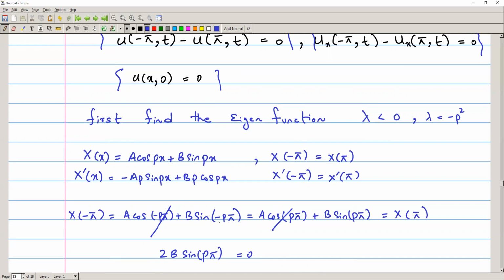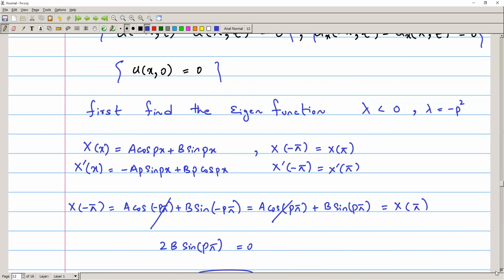And b sin(-pπ) means negative b sin pπ. When we shift this to the right-hand side, it will be 2b sin pπ, and this is equal to 0.